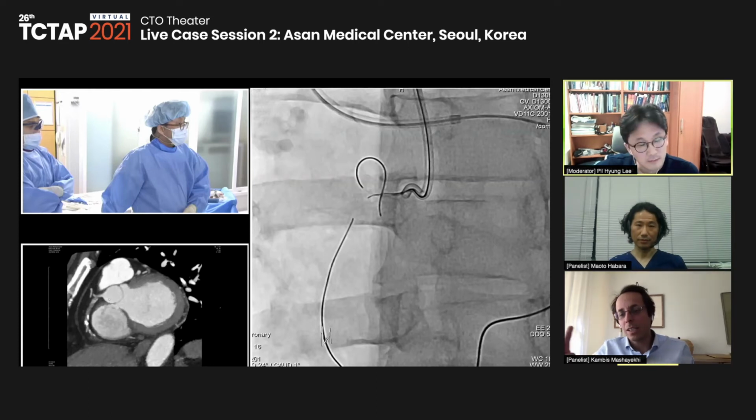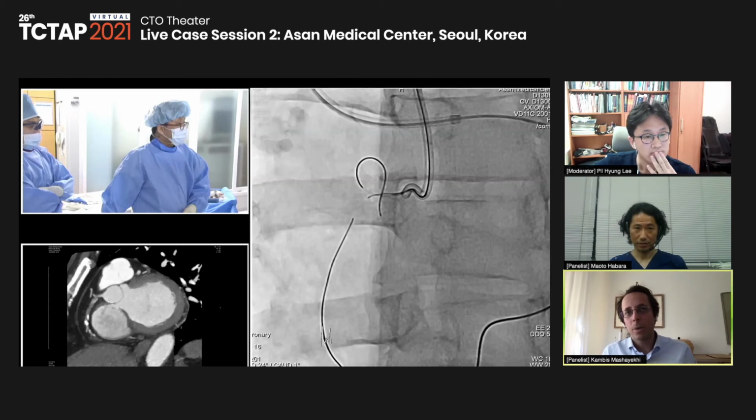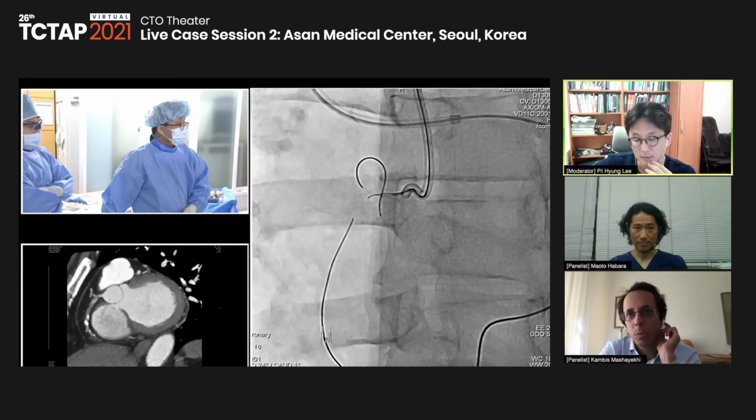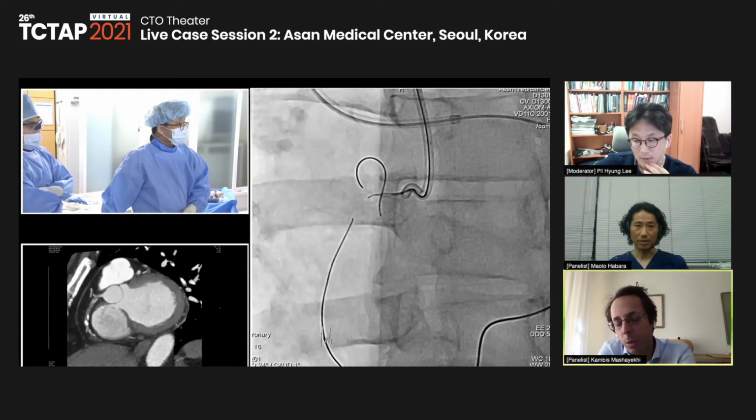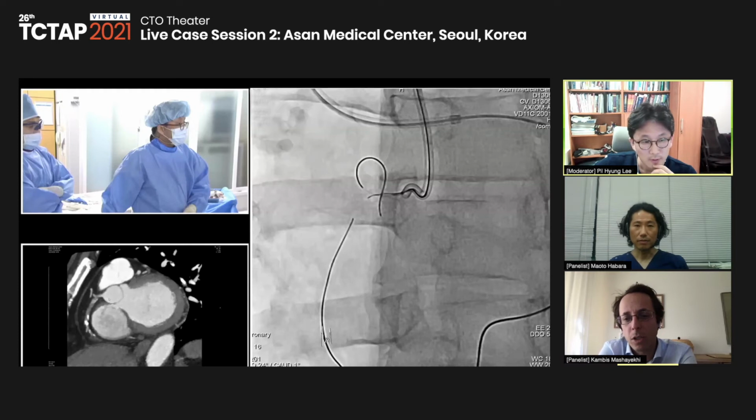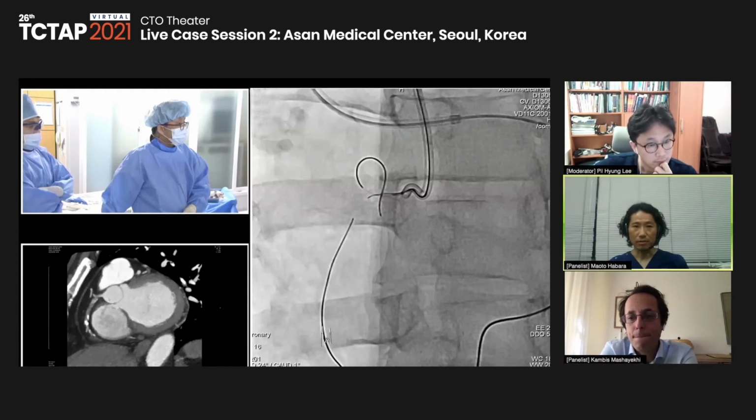So especially in this very long epicardial, where you have to dilate the whole way up, it might be a little bit of an issue. So here I would be more conservative, not going over this, and the risk of perforation is too high. One choice is also an OTW balloon.